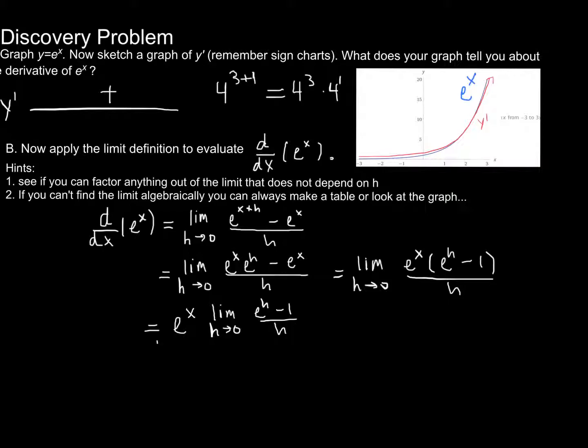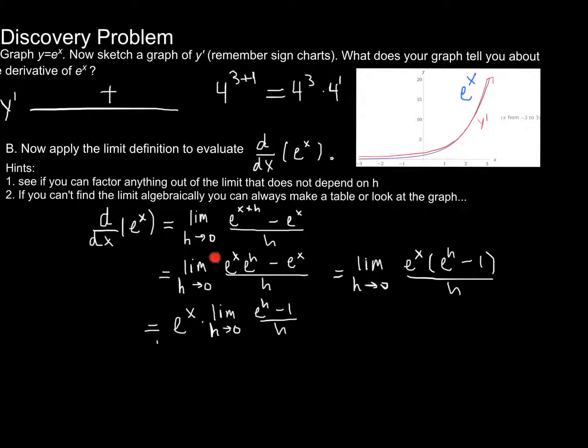Okay. At this point, it's important to think about what the situation that we've come up with is. We have e to the x times some limit here. When we go back and think about what we hypothesized previously about what the derivative of e to the x should be, we came up with a function that looked and felt eerily similar to the original function.